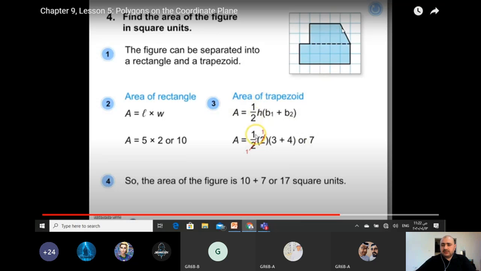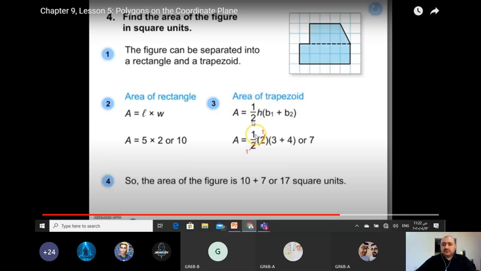The first one here is the trapezoid, and here, the rectangle. How to solve the area of the trapezoid? As you know, we have a rule: A equals 1 over 2 multiplied by the height multiplied by the small base plus the big base, between parentheses.